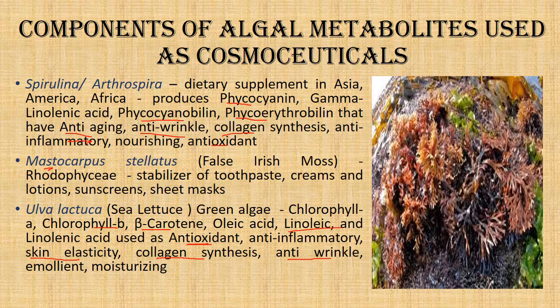So this is a very ideal algae that can be used for cosmetics, because we know that gels are used for stabilizing, especially toothpaste, lotions or any cream. So they act both as a stabilizer as well as a sunscreen or UV protectant because of the antioxidant properties.